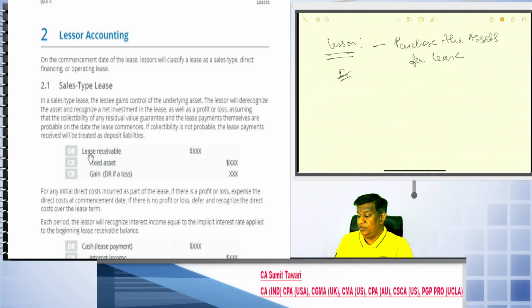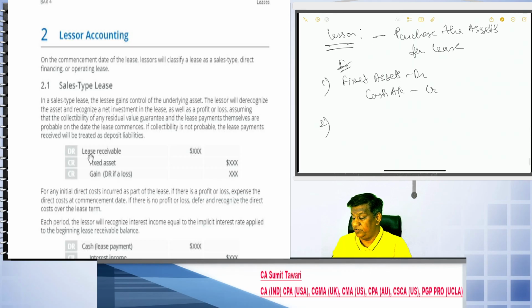Now at the time of purchase, it is basically the fixed asset debit, cash account credit, or the account payable, whatsoever it may be. Clear? First point.